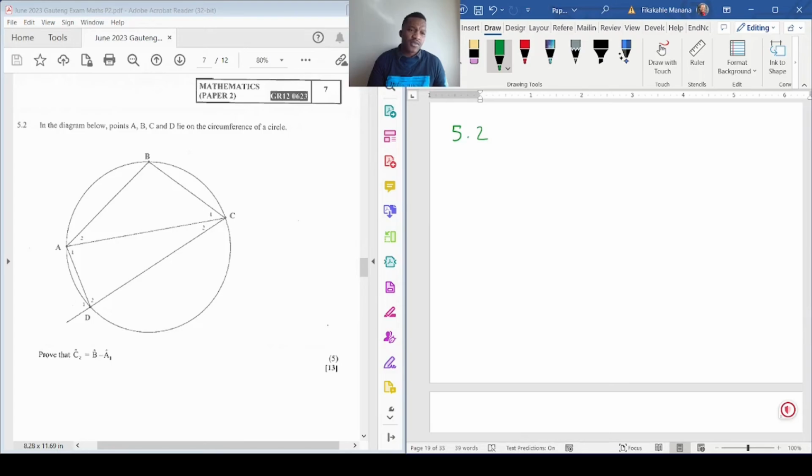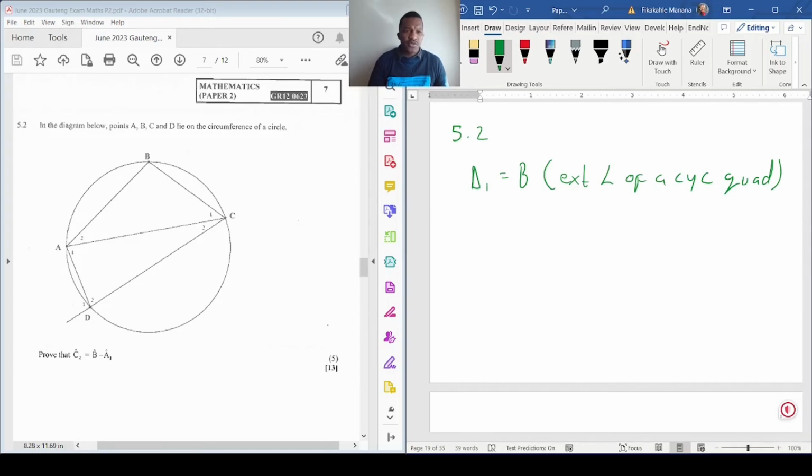So let's use D1. Let's say D1 is equal to B, and the reason is external angle of a cyclic quad. Right.